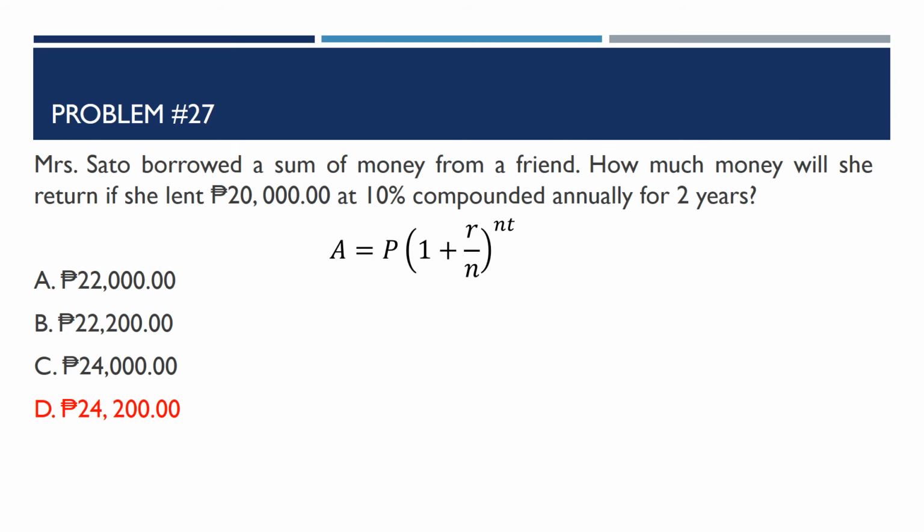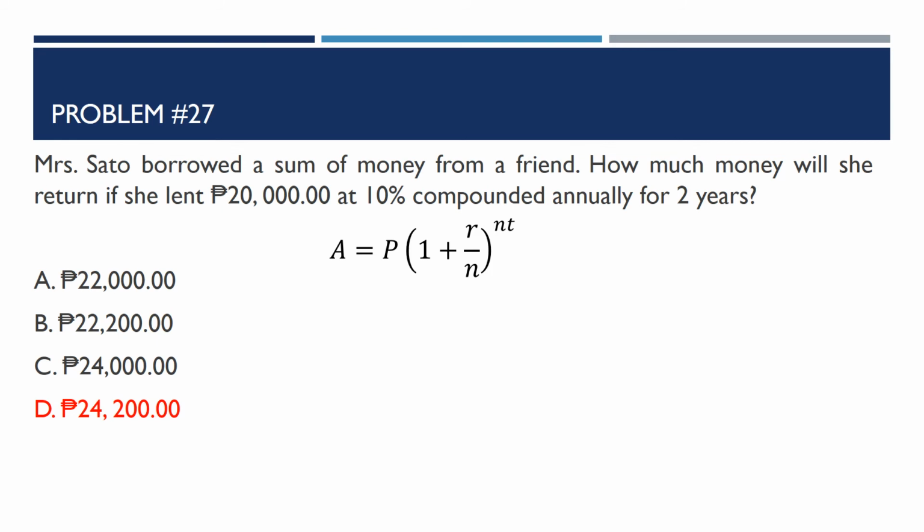The R is the rate of compounded interest. Now n is how many times the interest will be computed within a year. It says annually, so it's computed once, and then the next year it will be another one. So it's yearly, so it's once a year.